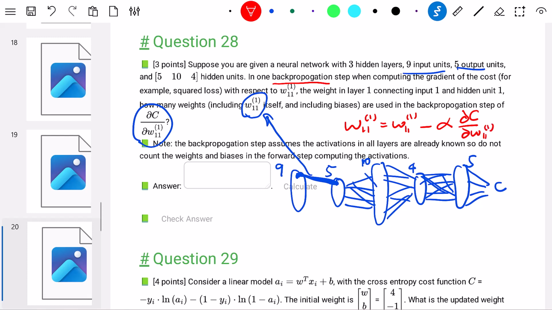So in particular, in this formula, we already need to know this one here. So we already are using one of the weights. The main question is asking how many weights are we using in this derivative. So let's write it here, the derivative with respect to W11.